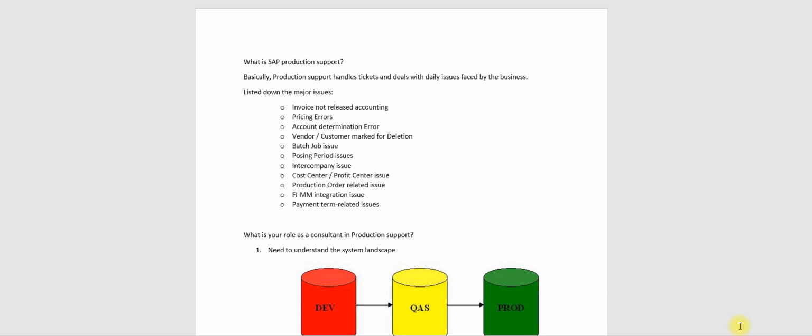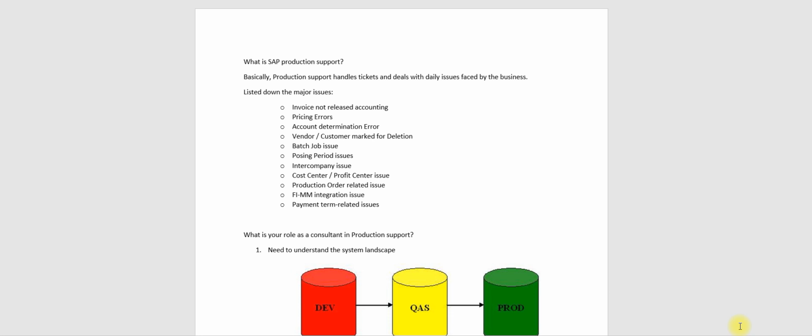Issues you generally face are invoice not released to accounting, pricing errors, accounting determination error, vendor and customer mark for deletion, batch job issues, posting period issues, intercompany issues, cost center and profit center issues, production order related issues, FI and MM integration issues, payment term related issues. You will get many more issues. I have listed the major issues you are going to face.